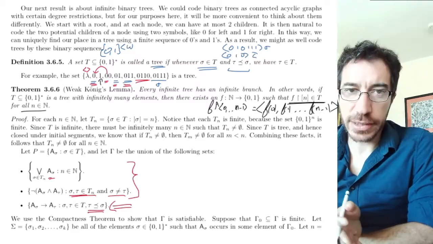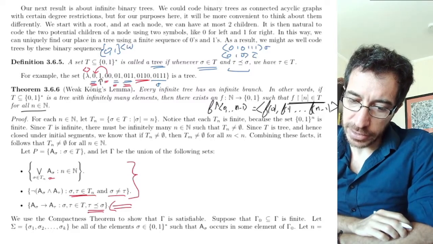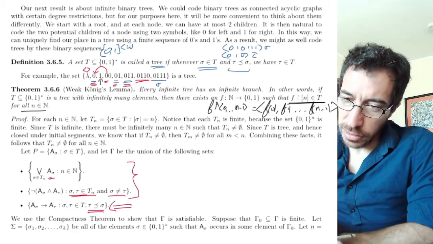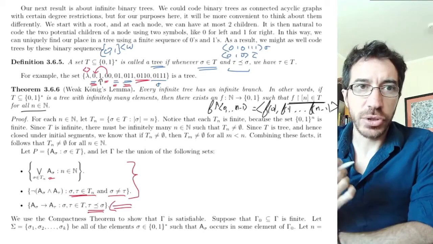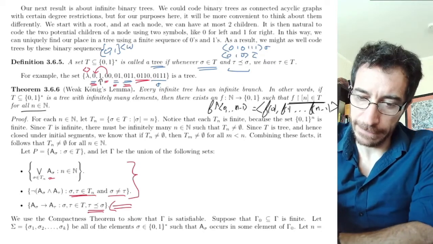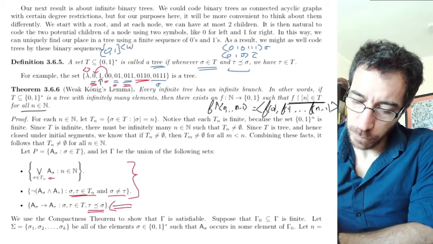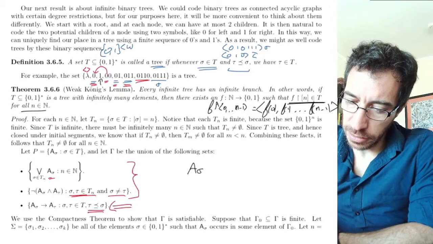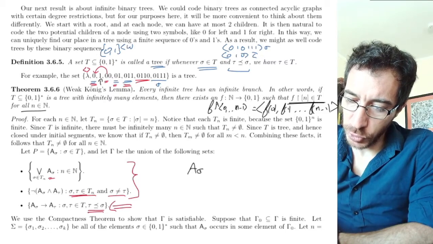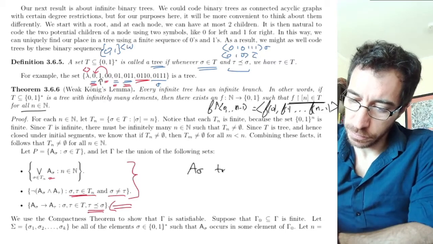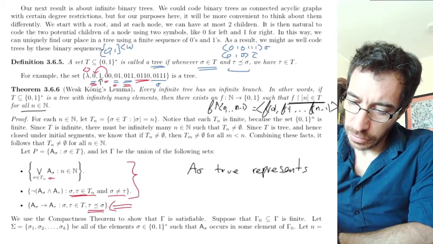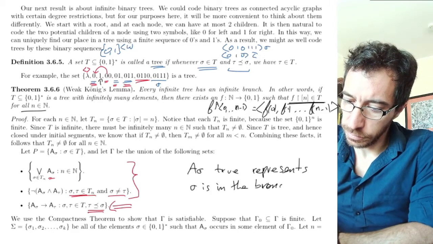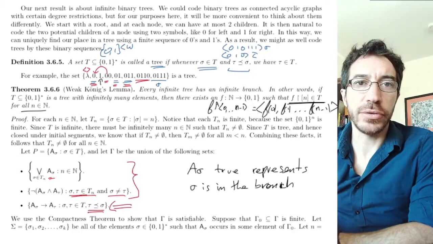So we can guess what A sub sigma is trying to be. Here it's not saying what A sub sigma is; that comes up later, so you can either finish reading and try to figure it out, or try to guess. The idea is that A sigma true represents that sigma is in the branch we are trying to find.